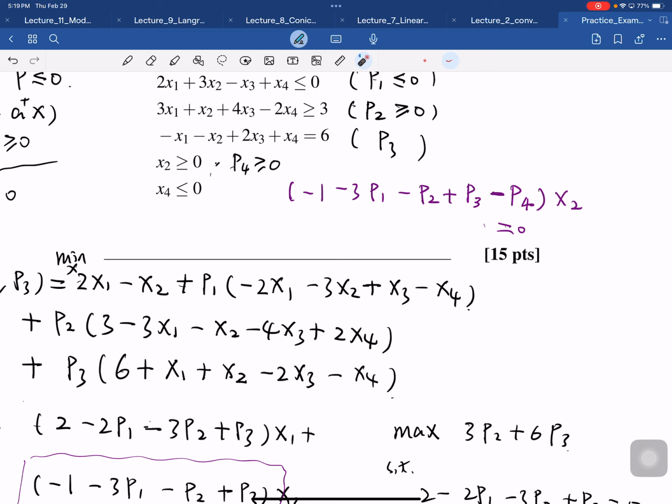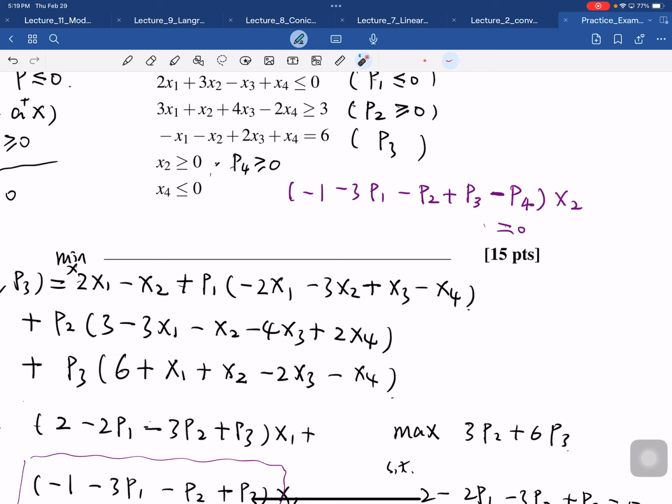But since you dualize x2 greater than or equal to 0, you don't have that constraint anymore when you minimize over x2. So x2 will be unconstrained, and when deriving the dual, you just set this coefficient equal to 0.